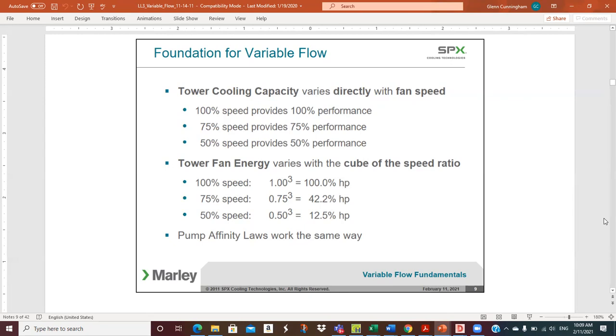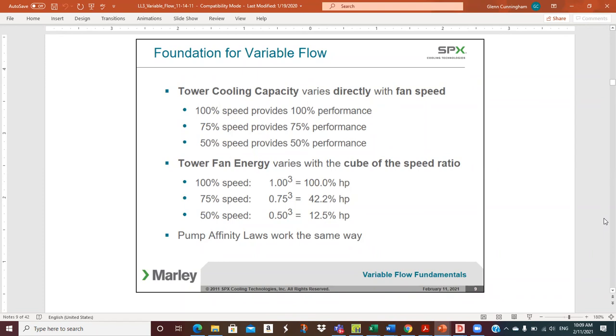Whew. I was looking at some TVA towers in the other class the other day, and they had 5 200 horsepower motors. That's 1,000 horsepower. How would you like to save 50-something percent of 1,000 horsepower for a third of the year or something?